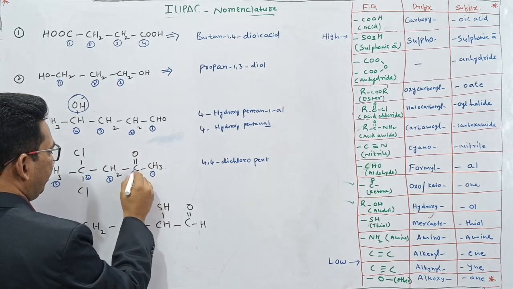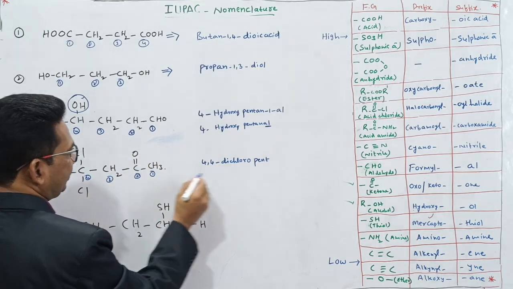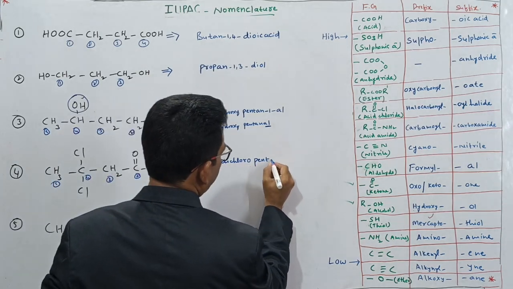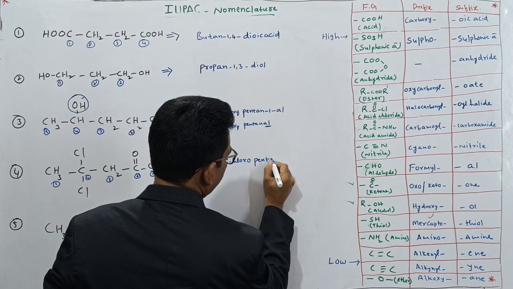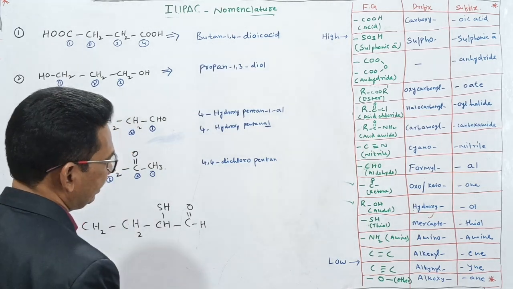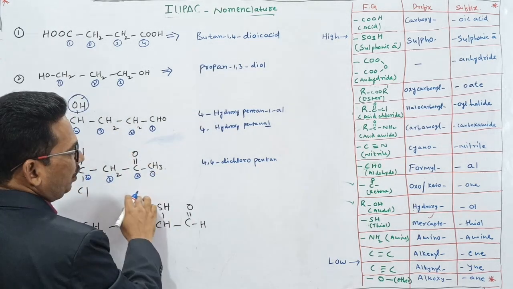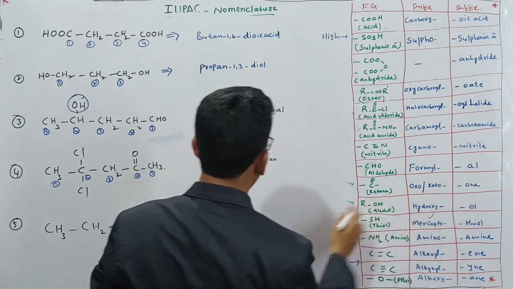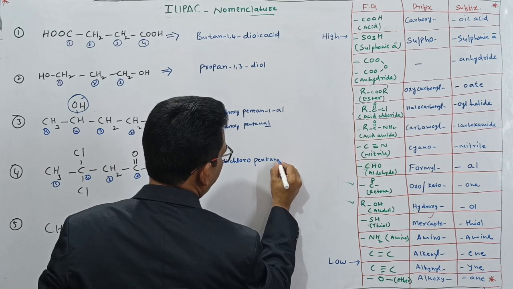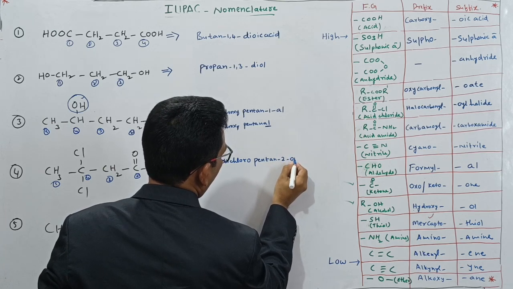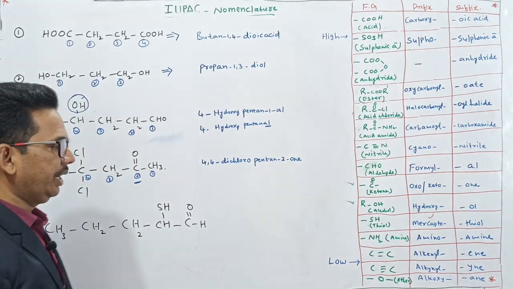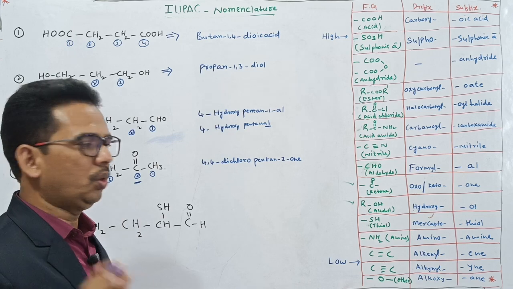That's why N will become, okay, dichloro pentane. Is it right? Minus E plus one. For ketone, what suffix will come? One. That's why pentanone, or pentan-2-one, because at the second position the ketonic group is there.